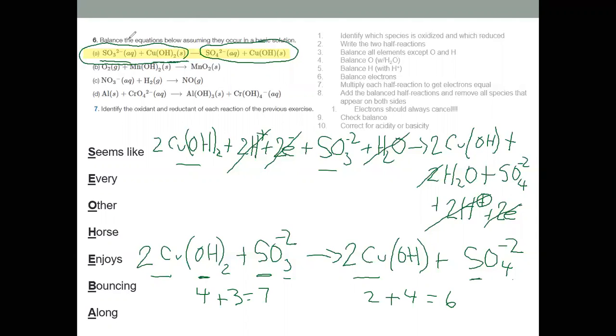We got a problem here, don't we? Let's see where we missed. 2 SO3. That's right. I see my problem. We had a water molecule here that snuck in on us. Okay, so let's add that water molecule, because that guy needs to be added.